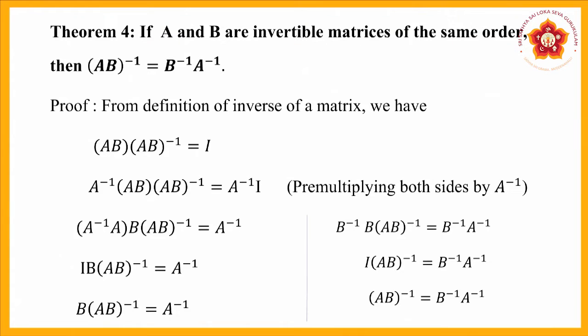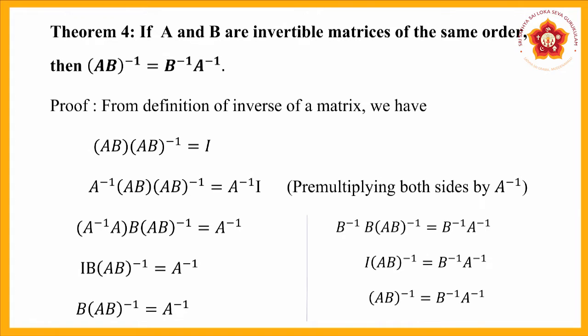Next, another theorem we have. The statement of the theorem is this: where A and B are invertible matrices of the same order, then we can write AB whole inverse as B inverse into A inverse.